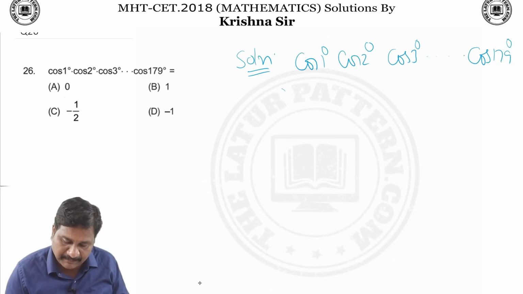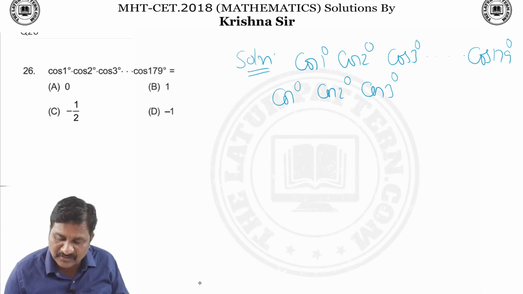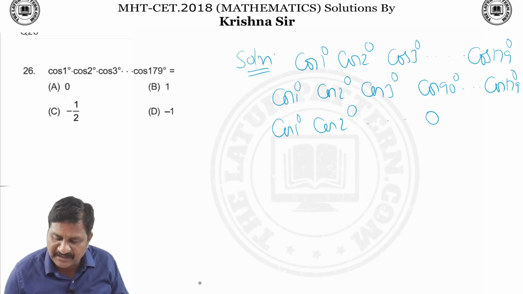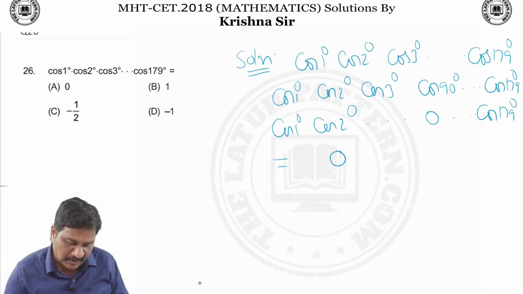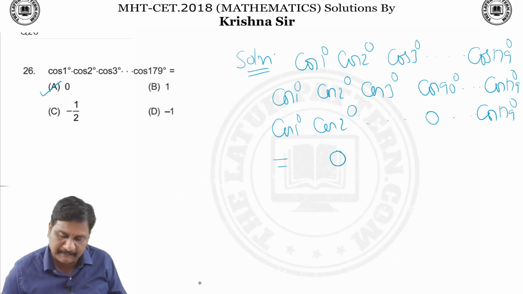So in this product, cos 1, cos 2, cos 3, cos 90 and so on, cos 179, the cos 90 value is 0. So the total product becomes 0. Now the option is A.